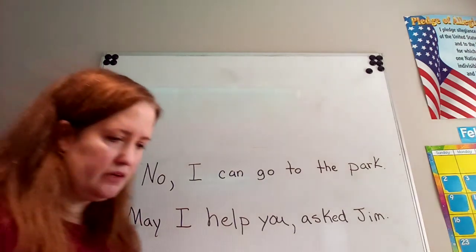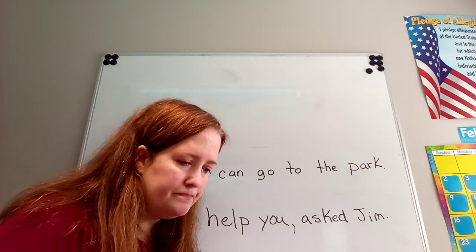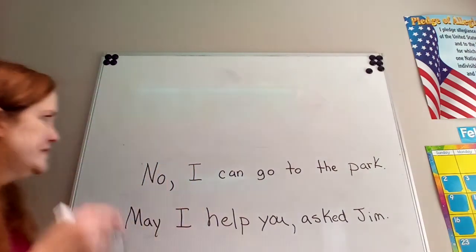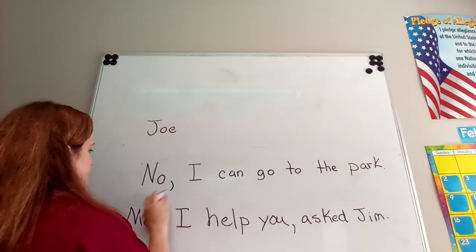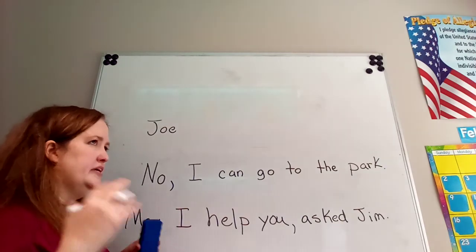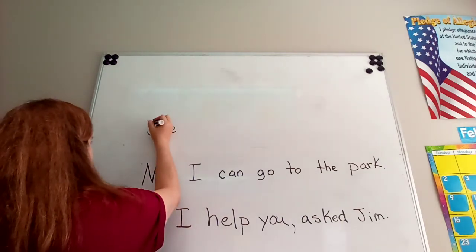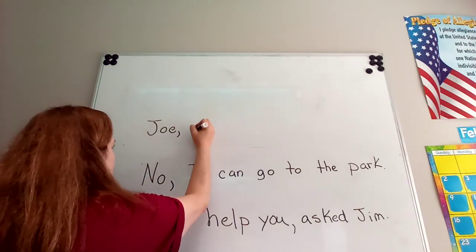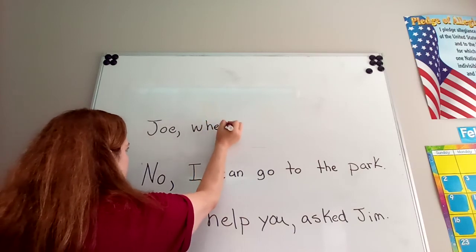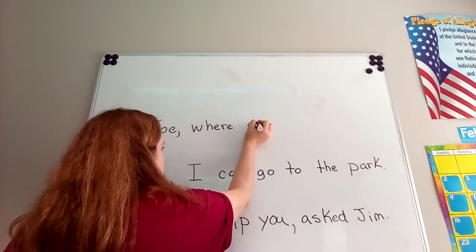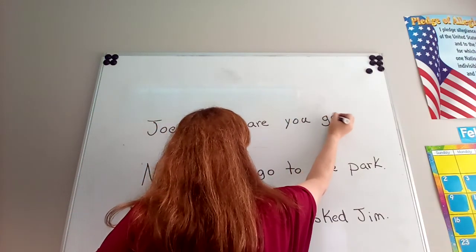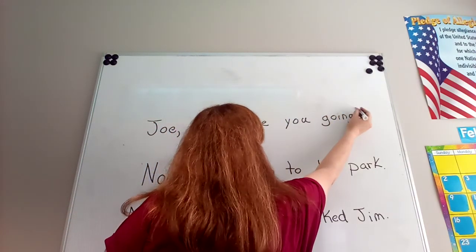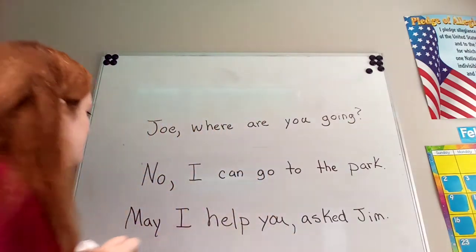There you go. All right. Or you could say, Joe, just like you did with a yes and a no, you would put a person's name, Joe, where are you going? All right.